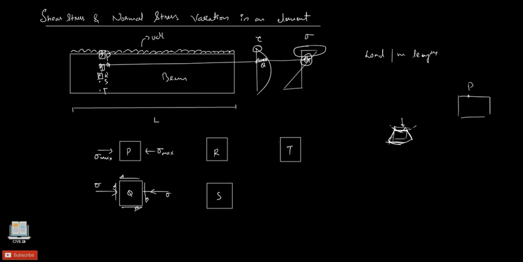Now you can see this is also compressive in nature, but it is not of maximum value because it acts at this point and there is no maximum stress here. These are the experimental observations we have got. And when it comes to the point R, which is exactly at the center, the normal stress is 0 but the shear stress is maximum.